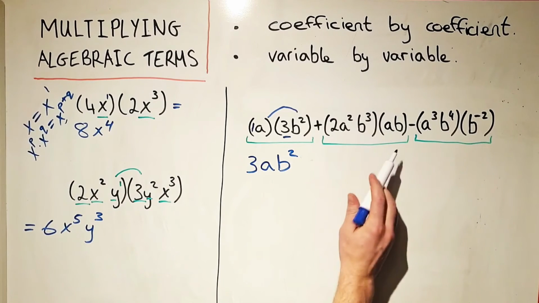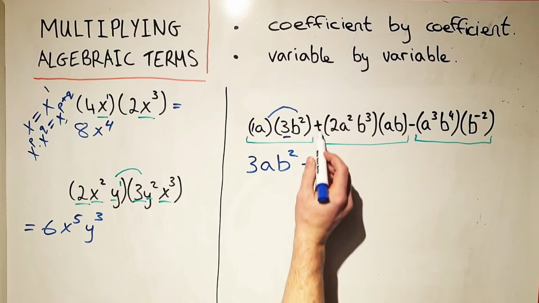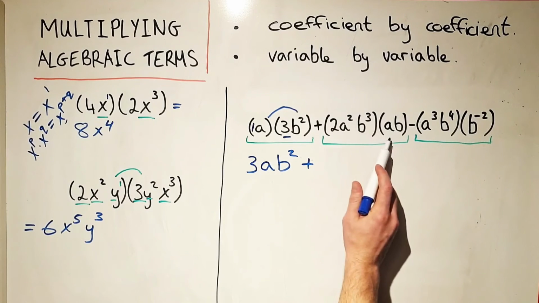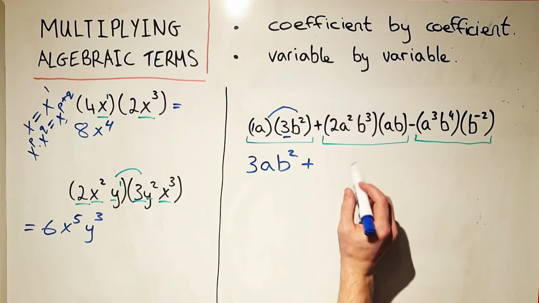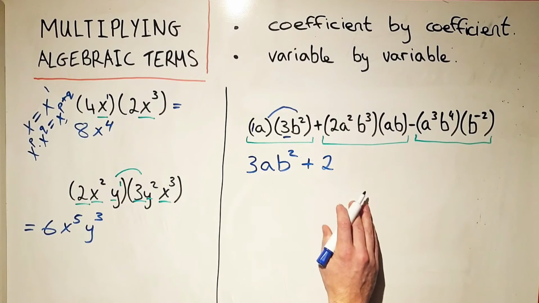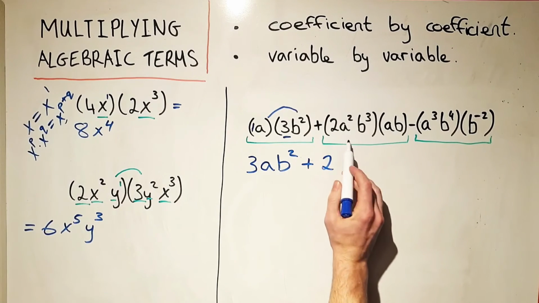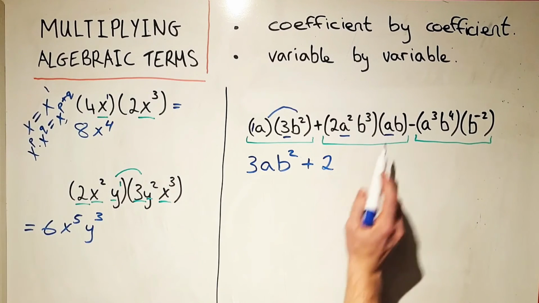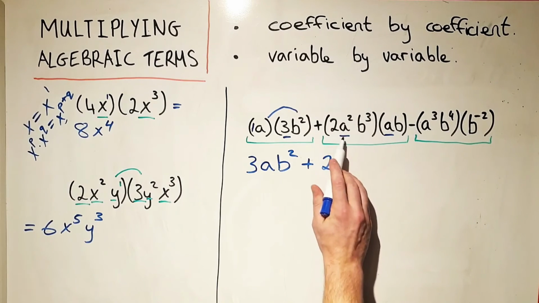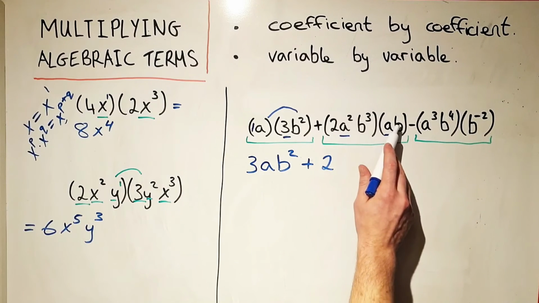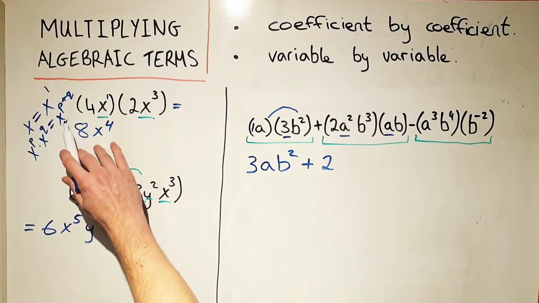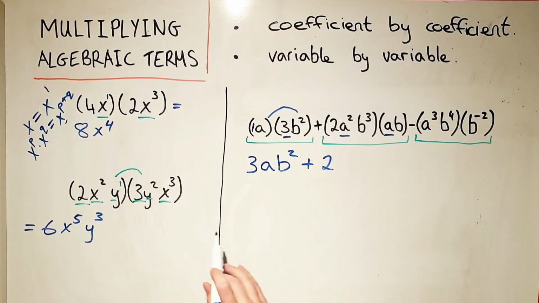Now going on to the next one. We have a plus in there. Coefficient by coefficient. So 2 multiplied by 1 is 2. Now variable by variable. We have a squared and a to the power 1. So a squared multiplied by a to the 1 is going to be a with the 2 powers added together.